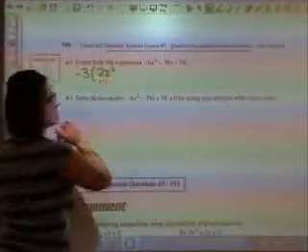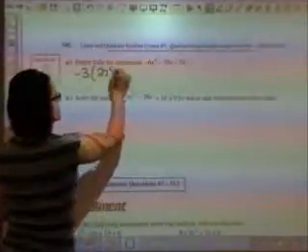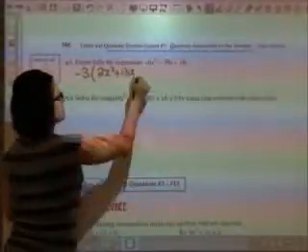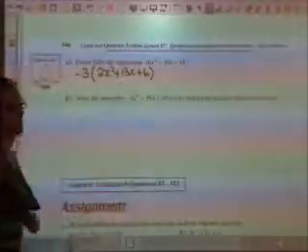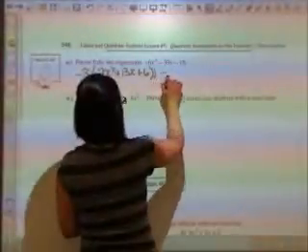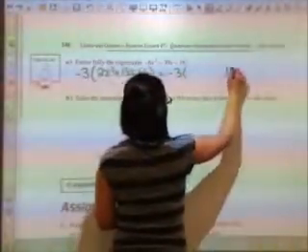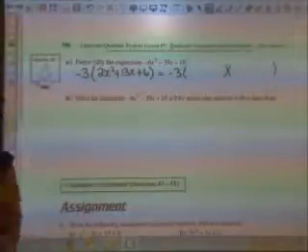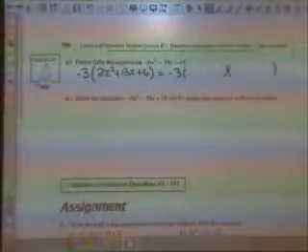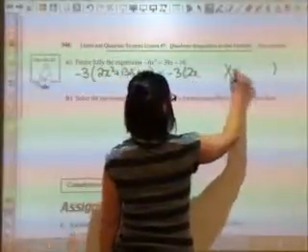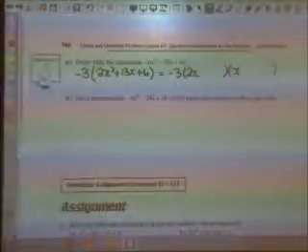2x². Okay, and now I want to factor this. Because 2x² is a prime number, the only combination I can get for that is 2x and x.